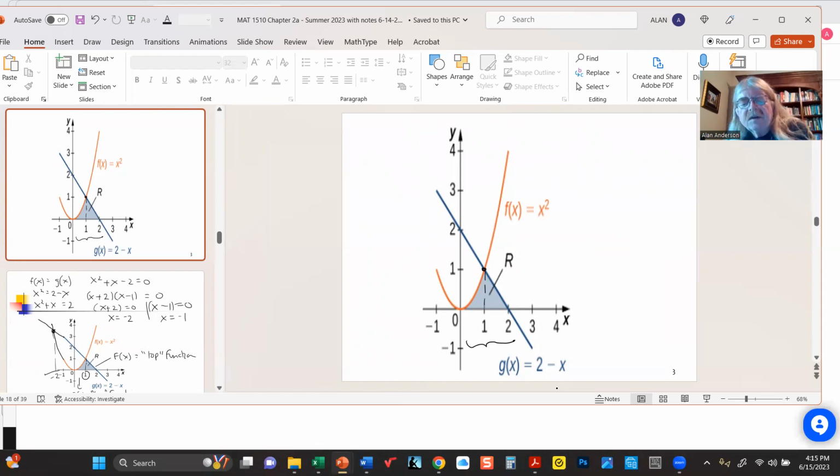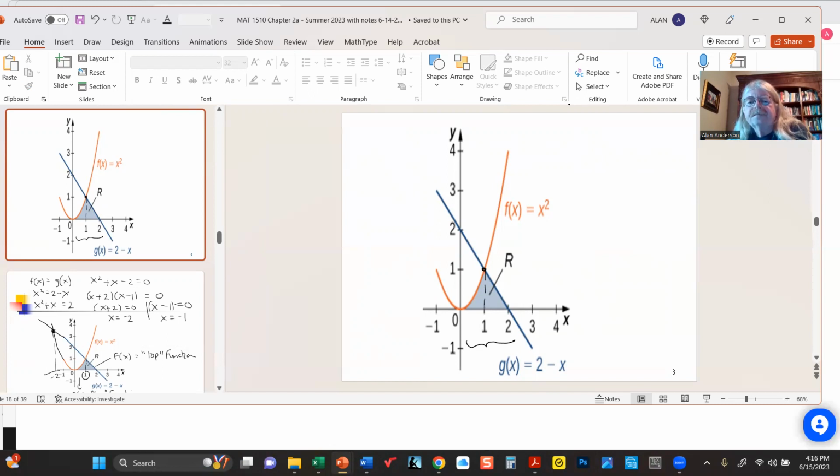Now, in this particular case, the so-called bottom function is actually the horizontal axis. So we're not really comparing these directly to each other this time. Now, from 0 to 1, if you notice, f of x is below g of x. Okay, red is below blue. From 1 to 2, it's the other way around. So this is definitely a compound area.